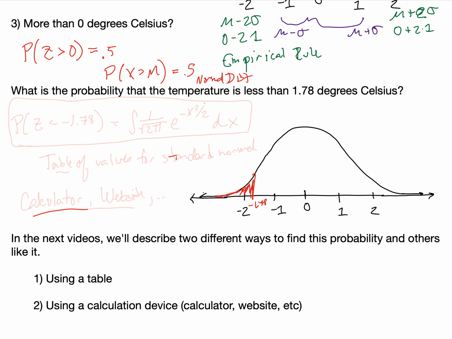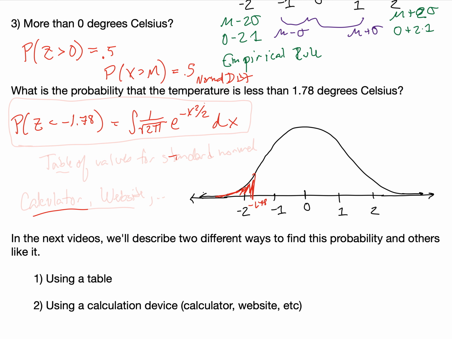This is something that we cannot just figure out from the empirical rule or from the symmetric property of the normal distribution. Technically, the probability that z is less than -1.78 is equal to the integral of the function of the standard normal distribution. That is the integral of 1 over the square root of 2 pi times e to the negative x squared over 2 with respect to x.